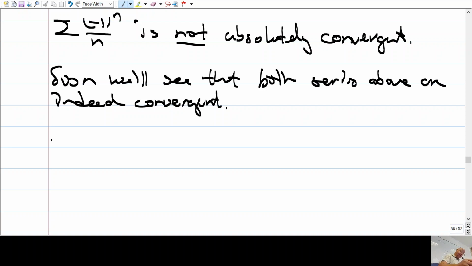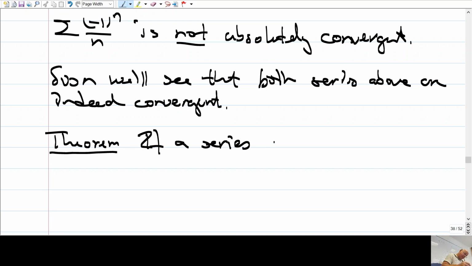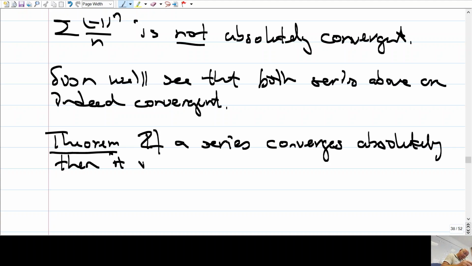The first one actually is a consequence of the following theorem, which tells us that if a series is absolutely convergent, then it is convergent. If a series converges absolutely, then it is convergent.